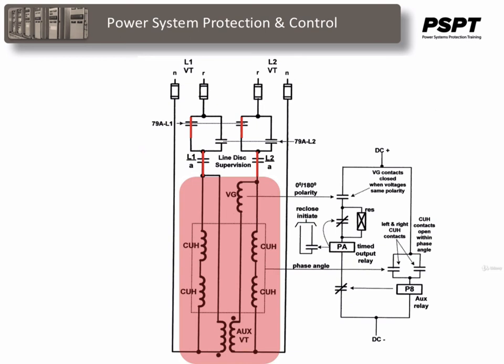The two voltages on either side of the breaker then energize the AC coils of the CUH90 relay. The VG contacts close when the voltage vectors are added to the threshold. If the vector sum of V1 and V2 are 0 or 180 degrees out of phase, the VG contacts remain open.